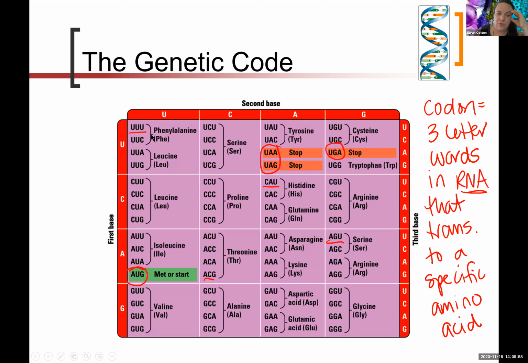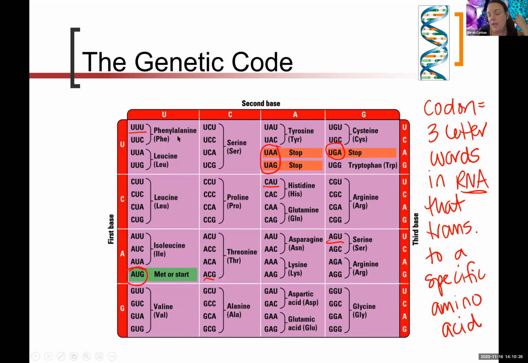You will notice that every single codon that's here codes for an amino acid. Sometimes multiple codons code for the same amino acid. For example, everything that starts with UC codes for serine. It doesn't matter what the last letter is, right? UUU and UUC both code for phenylalanine.